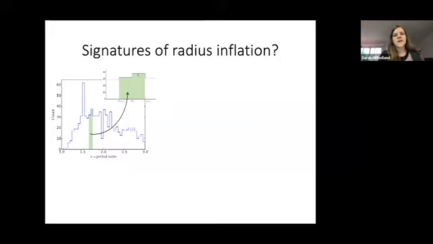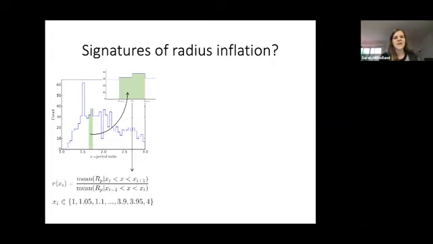I'm going to calculate the mean planet radius in a given period ratio bin and compare it to the mean planet radius in the bin just prior to it. Here's a mathematical representation of what I just said. Then I want to compare that across this entire period ratio distribution.